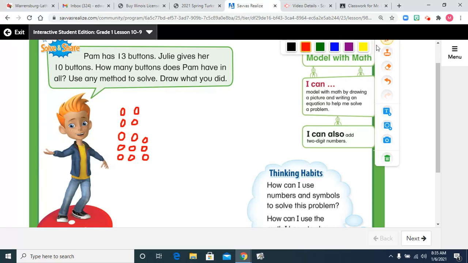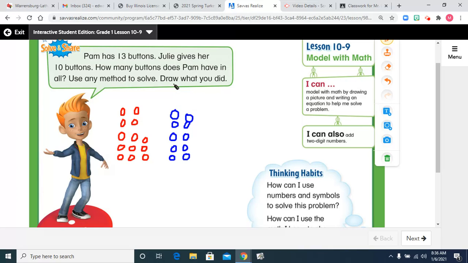Okay, then it says Julie gives her 10 buttons. So let's draw 10 more. 1, 2, 3, 4, 5, 6, 7, 8, 9, 10. Okay, then the question asks, how many buttons does Pam have in all?